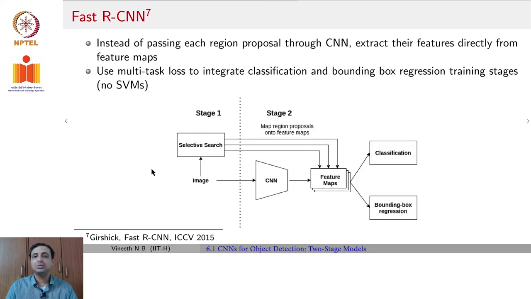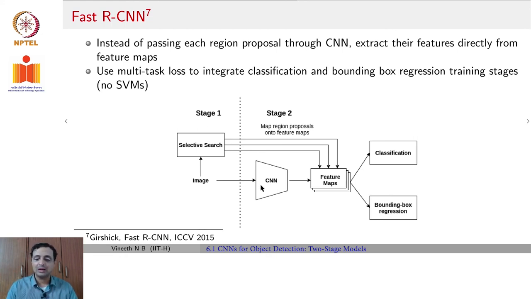This led to the development of the Fast RCNN approach by the same authors, in fact, and it was published in ICCV of 2015. In this case, there were a couple of different innovations that were introduced. One idea was, while we still do selective search to get the region proposals, we would map these region proposal locations directly to the feature maps after sending the full image through the CNN.